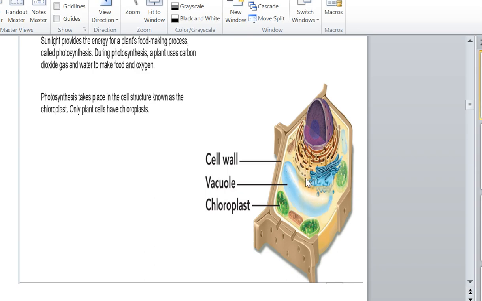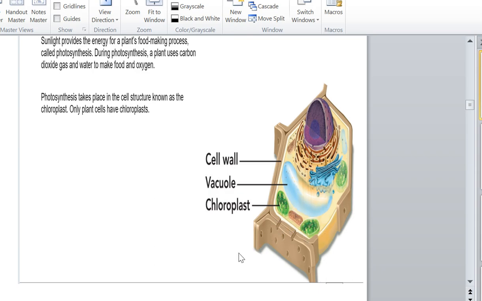This is for storage. When plants lose a lot of water from the vacuole, the plant looks like it wilts. When the plant absorbs a great amount of water, it swells and looks healthy.